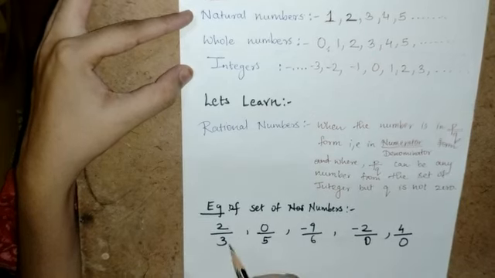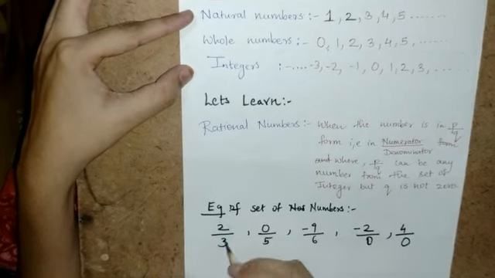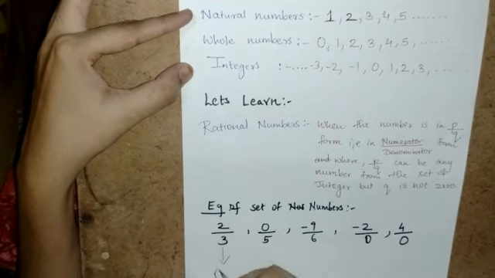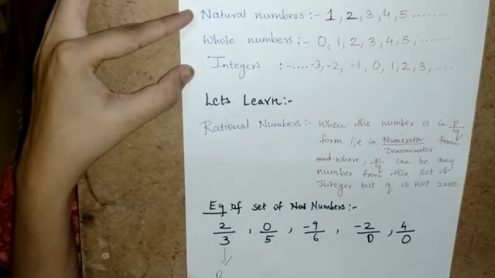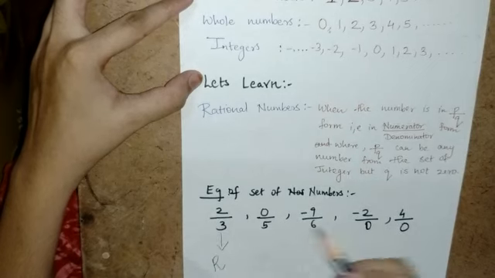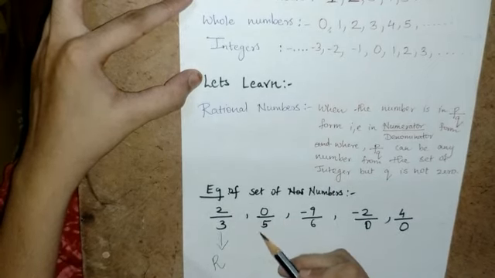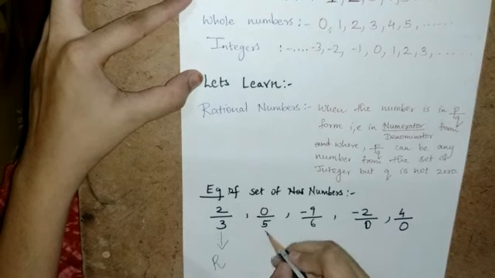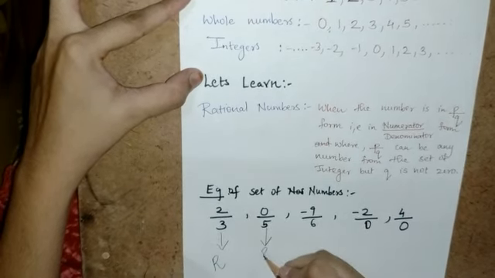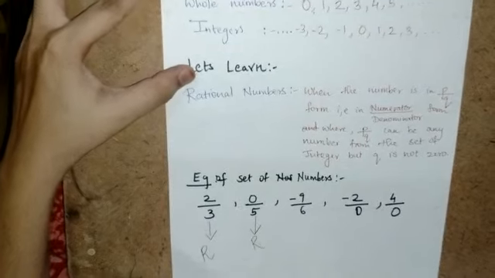It is not equal to 0. So this 2 by 3 is a rational number. 0 by 5 is also in p by q form and the denominator is not equal to 0, so this is also a rational number.